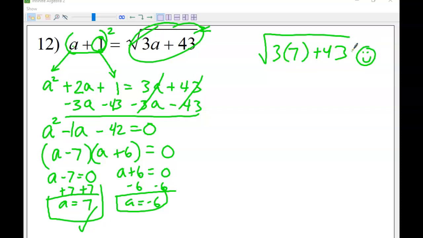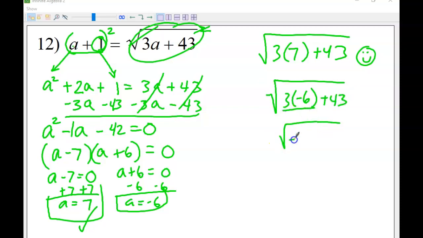Let's try the negative 6 one. So in this case, 3 times negative 6 makes negative 18. But when you add it to 43, you're going to come out with a positive number, so we're still good. What would 43 take away 18 be? 25 maybe? So it works.